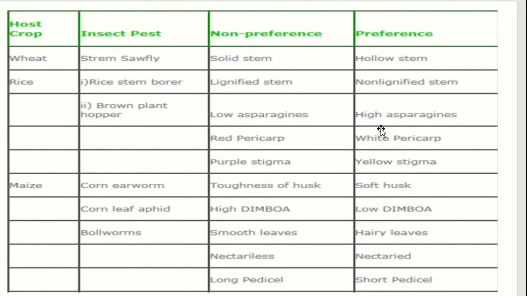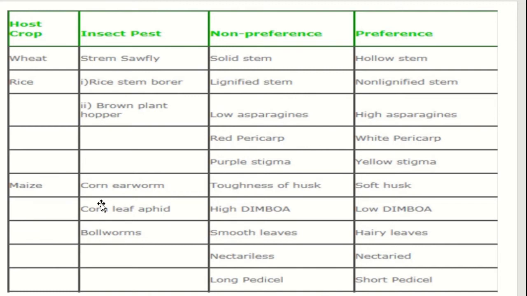Some of the important non-preference mechanisms given here: in wheat, we have a solid stem instead of a hollow stem. In rice, for stem borer, it is a lignified stem instead of a non-lignified stem, and for brown plant hopper, low asparagine content instead of the high content which is preferred by the insect.